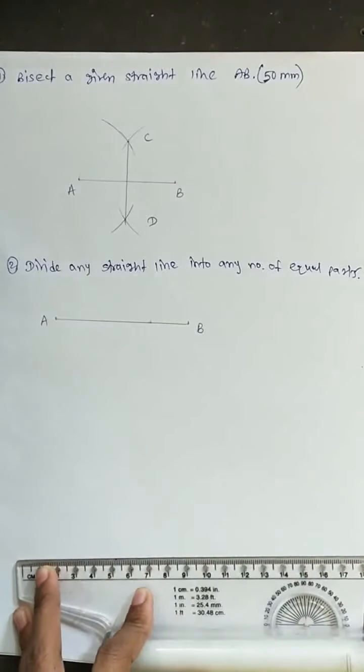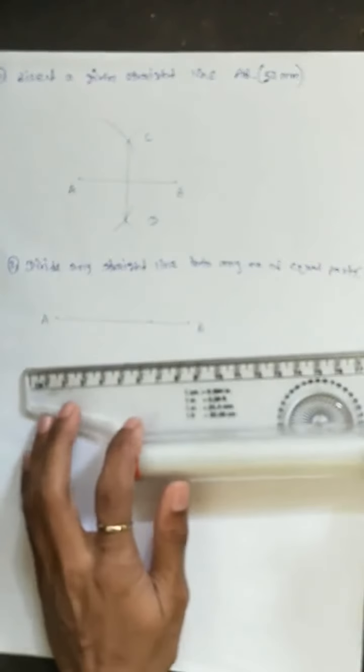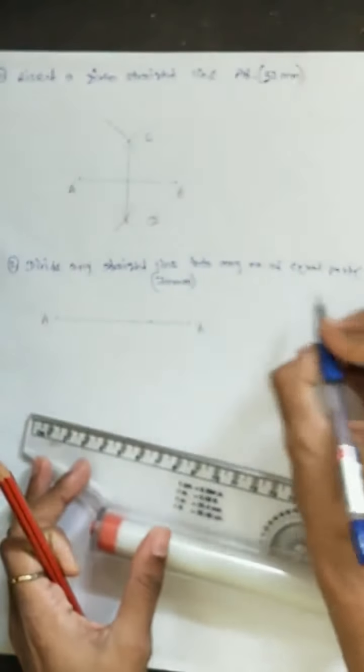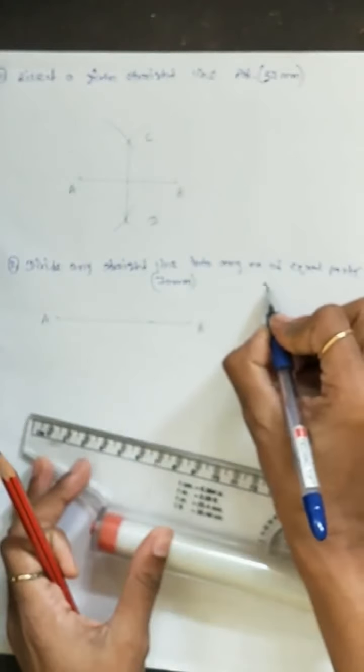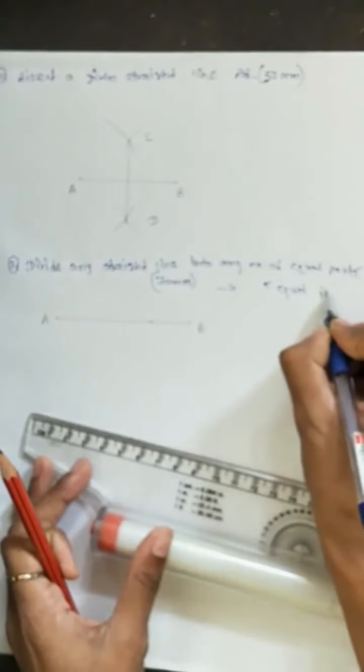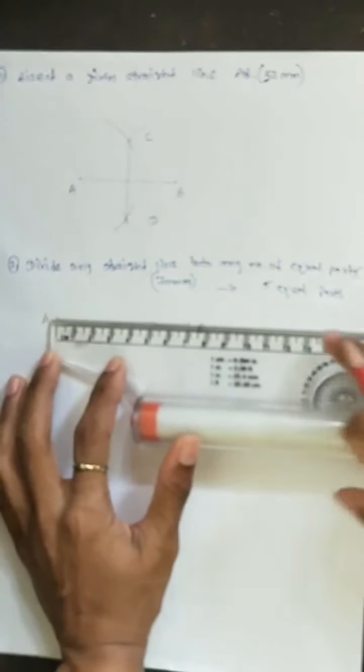Now suppose this line AB, which is 70 mm, we divide into 5 equal parts. If the distance was 50 mm, then it is simple to divide in 5 equal parts, that is 10 mm distance.